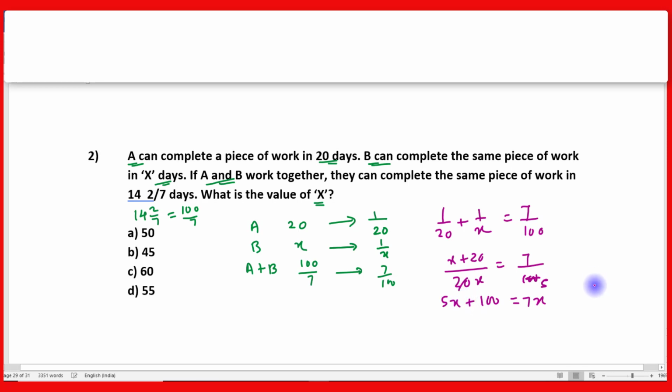Take 5x to the other side, so it will be 7x minus 5x, that is 2x, which is equal to 100, and therefore x is equal to 50. So B will complete the work in x days, it means in 50 days. So A option is the correct option.